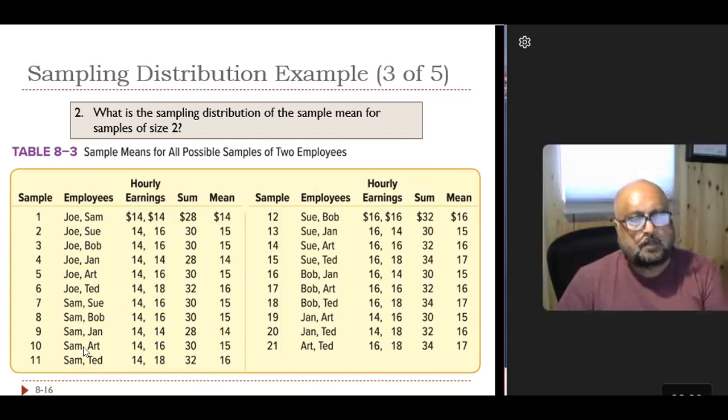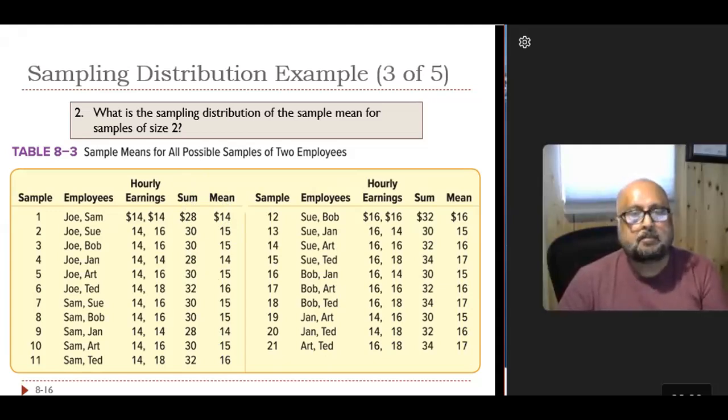All these people are grouped pairwise. So in total we got how many? 21 pairs. We list the wages of these also here, and we can add them up and take a mean. Mean means half of this total sum. So we got means for 21 samples of 2 people each.